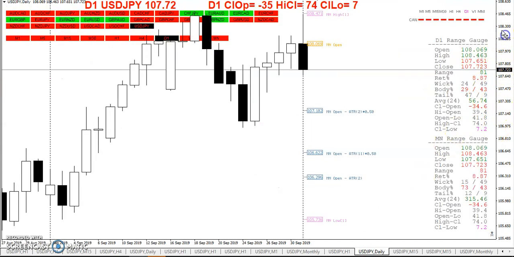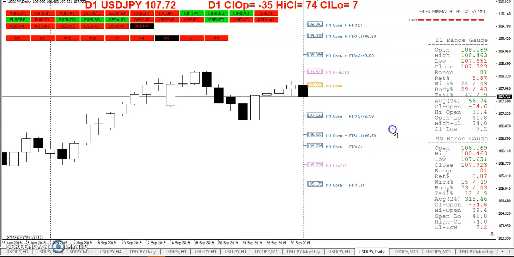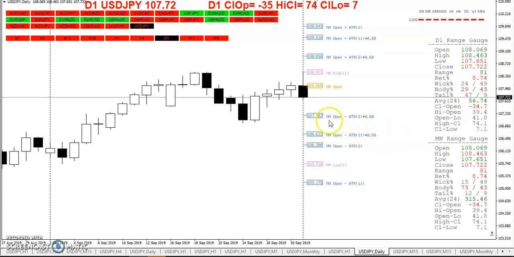Okay, once again, the ATR. Now, let's look at these ATRs. The monthly open minus half of the ATR2, which is the minimum. It's right here. And here's the open plus the ATR.